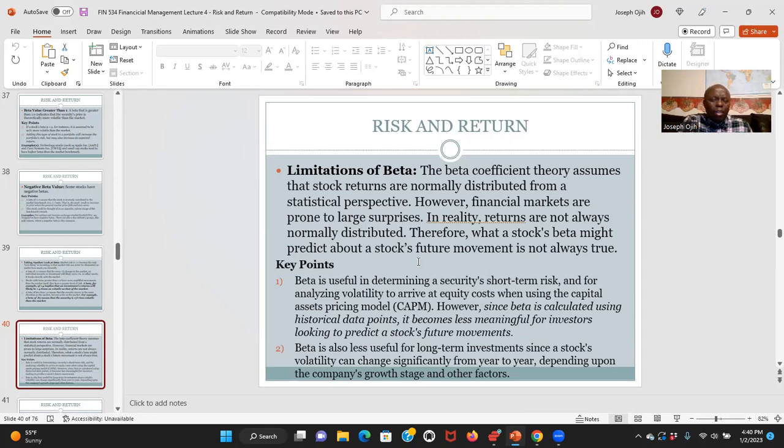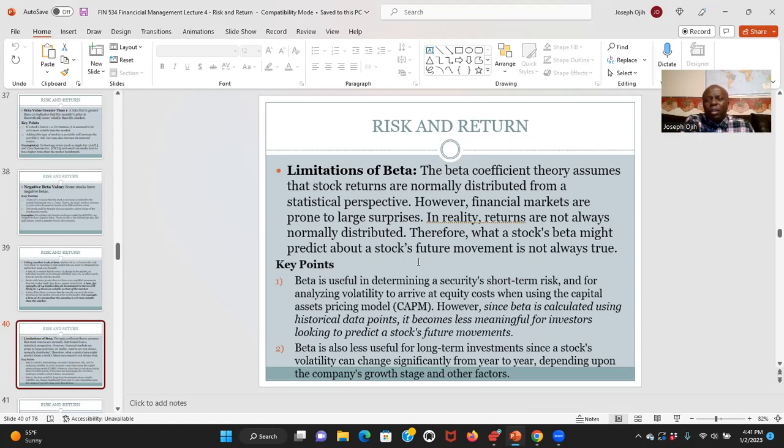Another one is this. Beta is very useful when we want to determine a security's short-term risk. That means in the short term, using beta to estimate the risk of a security is useful, but in the long term, it isn't. Also, we use beta to analyze volatility and to arrive at the cost of equity, when using a model that we call the capital asset pricing model, and there beta can be useful.